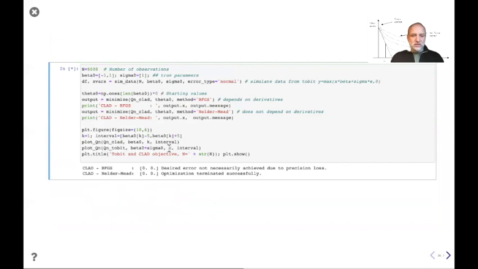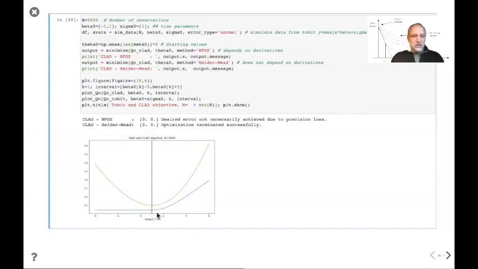And then you can see, at the true parameters, you have a flat objective function. So in this case, you completely lose identification with the censored least absolute deviation estimator. Whereas that's not the case for Probit, because you assumed something about the distribution out there in the censored part.